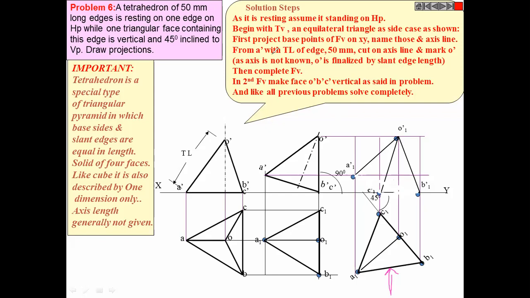So now you know that this will be dotted. This will be like this.